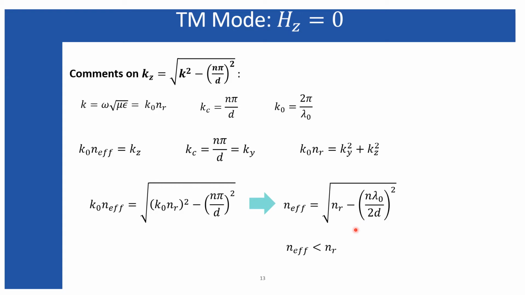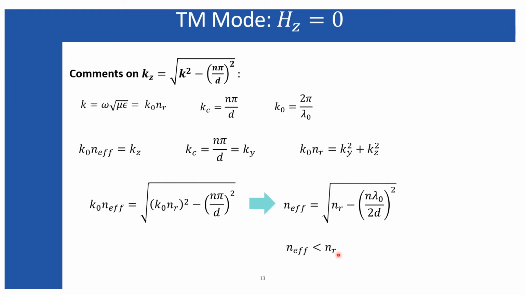Now consider a special case. Consider that the material filling the medium between these two parallel plates is the air medium. That means the refractive index nr is equal to 1, and the effective refractive index which the wave experiences along the z direction, or along the propagating direction, is less than 1.